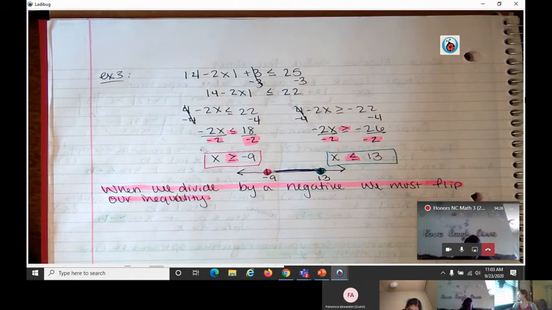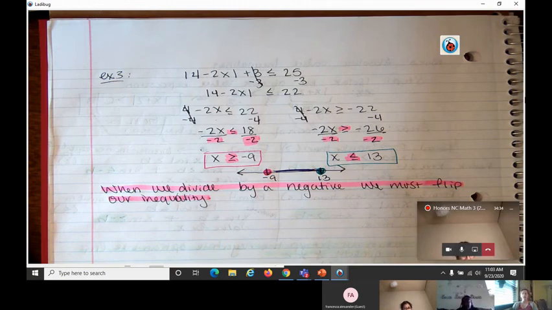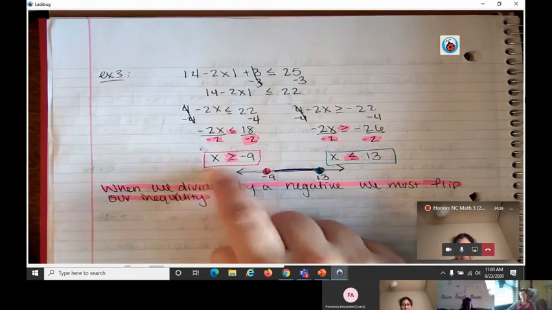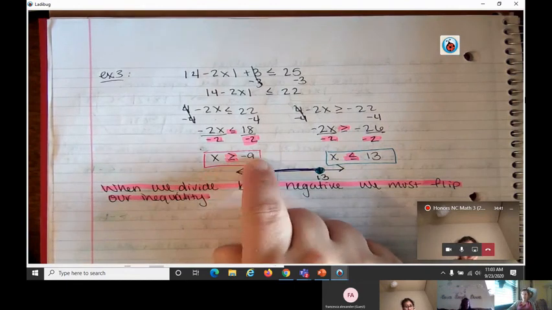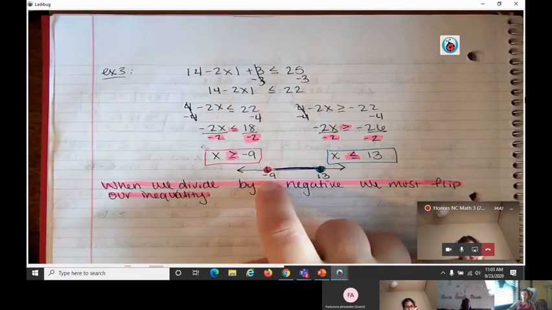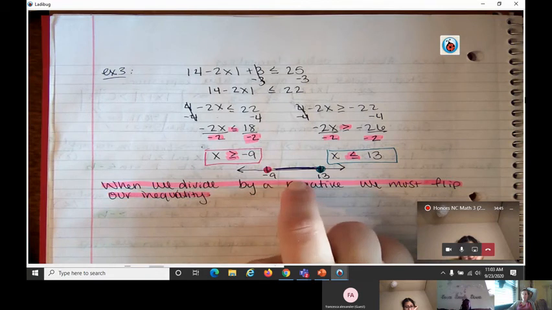What questions do you guys have about that? Could you explain that part again? Yeah, so I had x is bigger than or equal to negative 9. So bigger than or equal to means my arrow would have gone to the right.